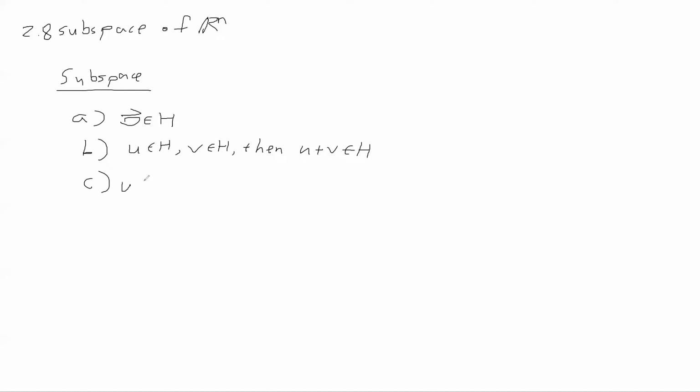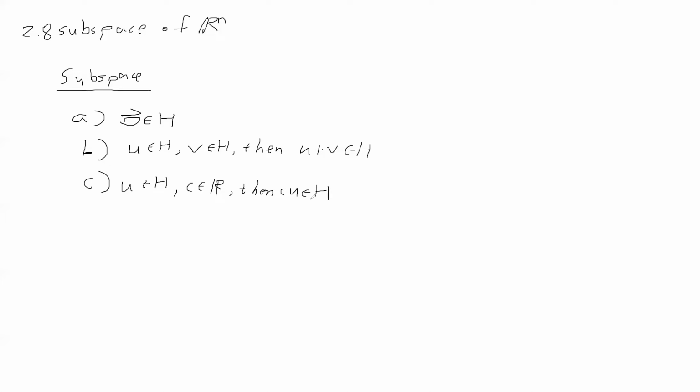So if U is in H and C is some scalar, some real number, then CU is also in H. Right? Now, if a set satisfies these three properties, then it can be called a subspace of Rn.